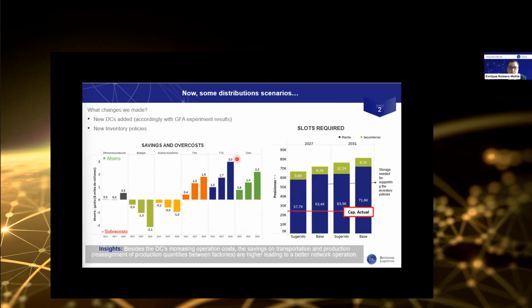So here we already take the information from anyLogistix, and we already make some additional analysis related to how much additional space we're going to need for managing the whole thing.